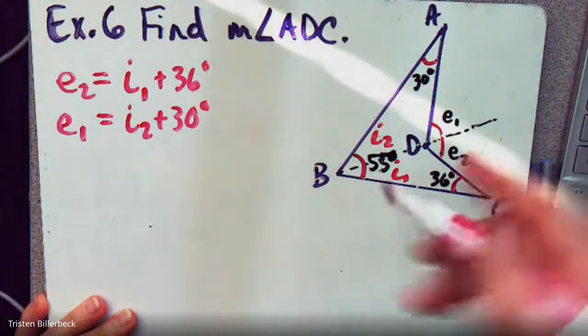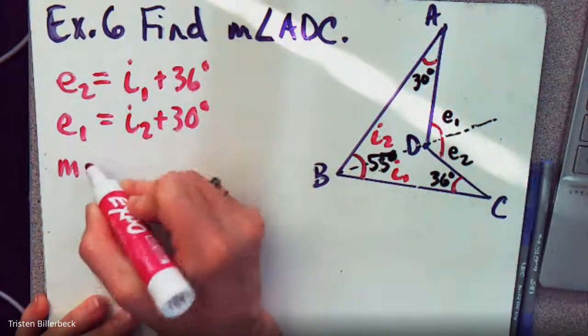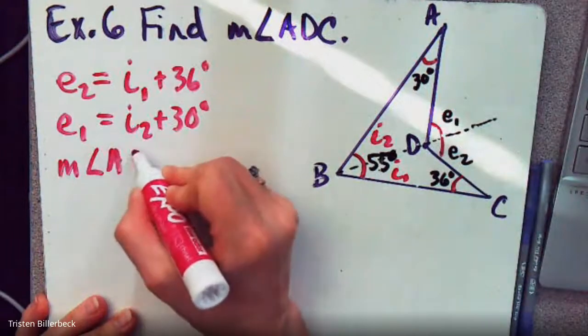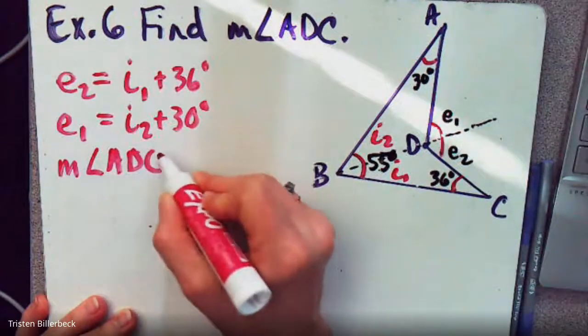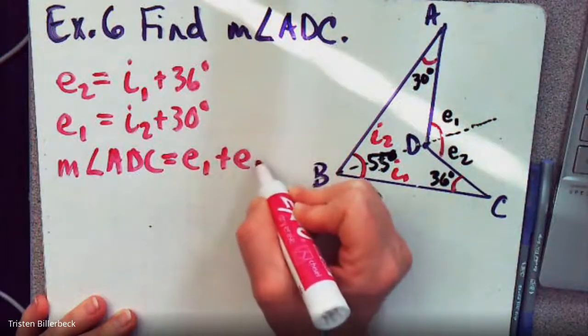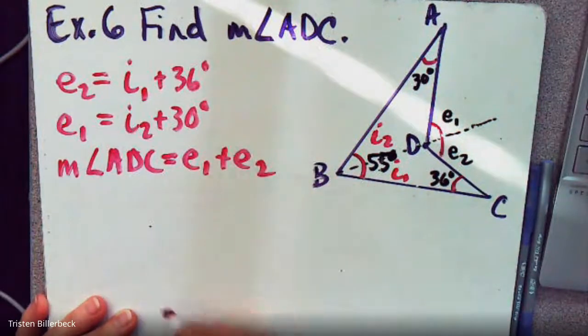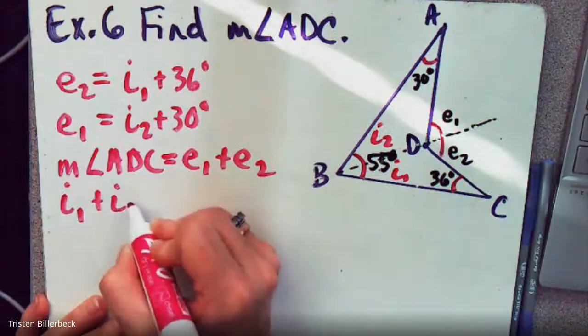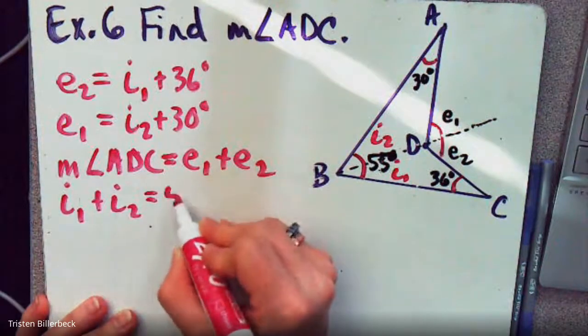We're trying to find the measure of angle ADC, which is E1 plus E2. We also know that I1 plus I2 equals 55 degrees.